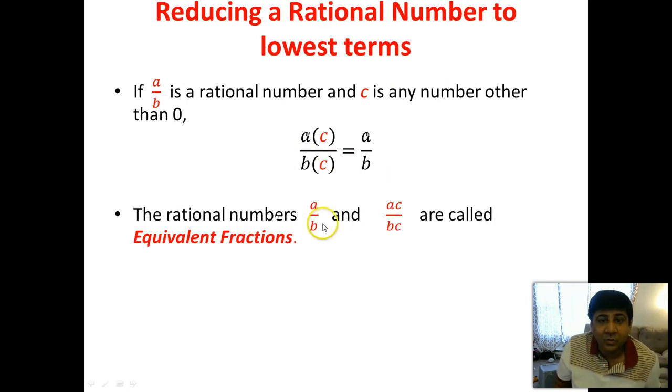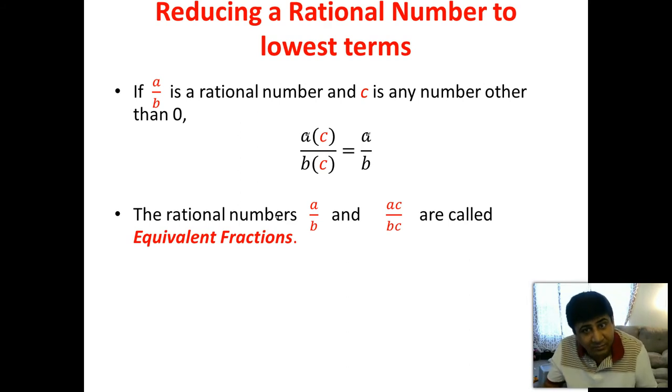Precisely speaking, the rational number a over b we originally started with, and the one we got after multiplication, ac over bc, are called equivalent fractions. Some might have lower numbers, less work. Some might have higher numbers, more work, but they are equivalent. They will eventually produce the same kind of result.